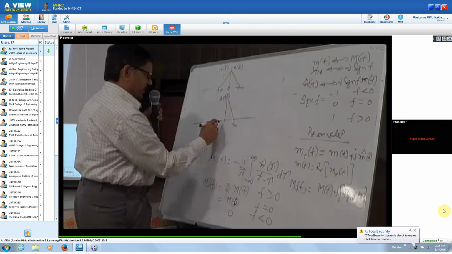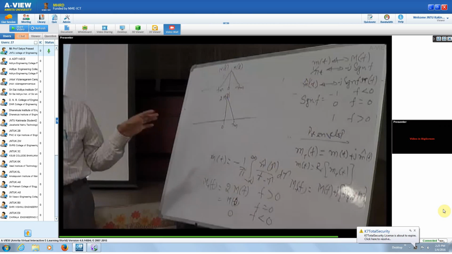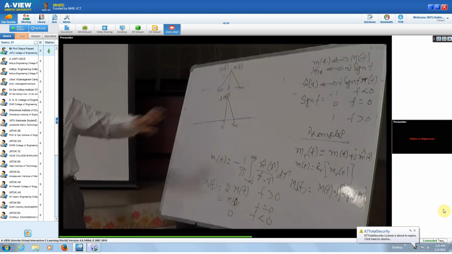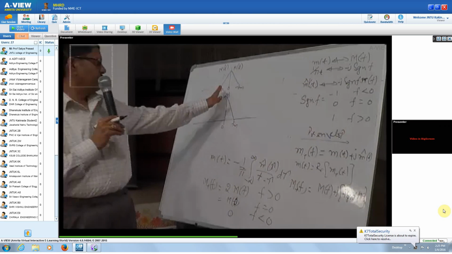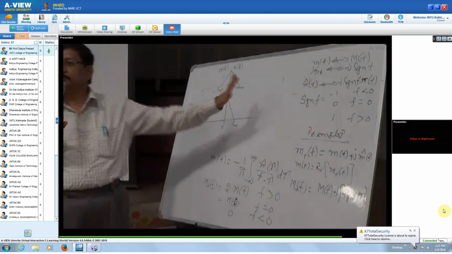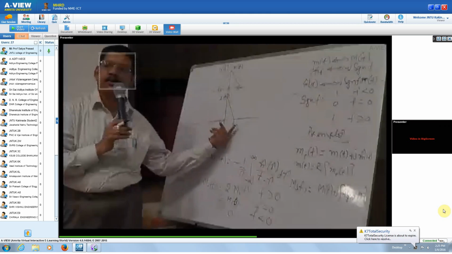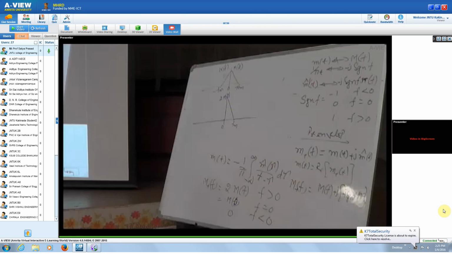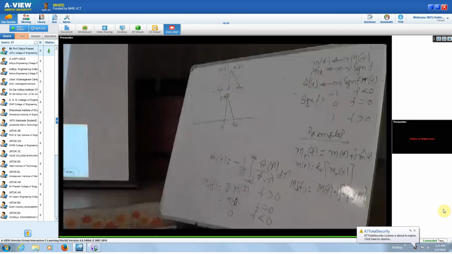After fm this is 0, and for negative frequency this is 0. So this is the spectral representation of the pre-envelope that you have defined. So when we have this minus fm to plus fm baseband signal, the pre-envelope has come only to 0 to fm. The negative part has been made 0 by defining this pre-envelope signal.